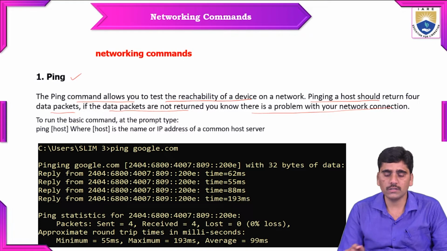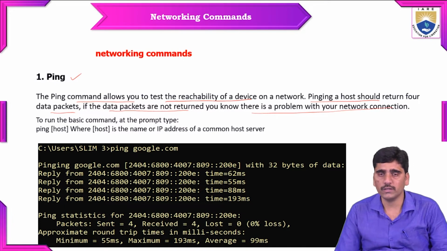To run this basic command, at the command prompt of any Windows machine, you can type ping followed by the host name or IP address, where the target address is nothing but an IP address or any domain name.